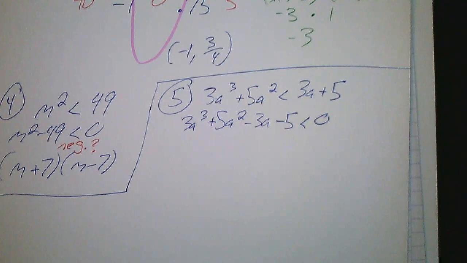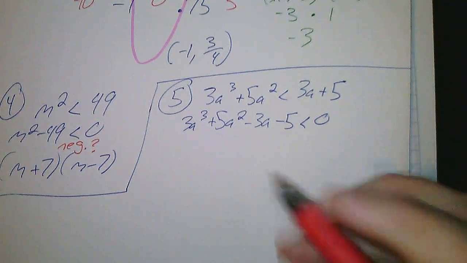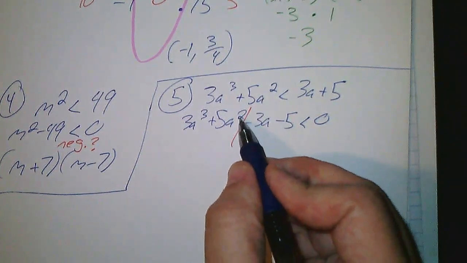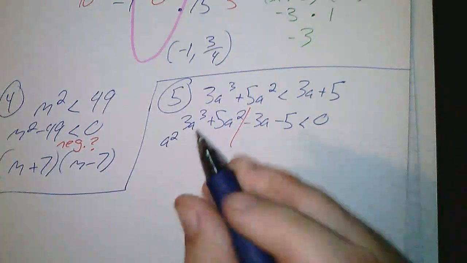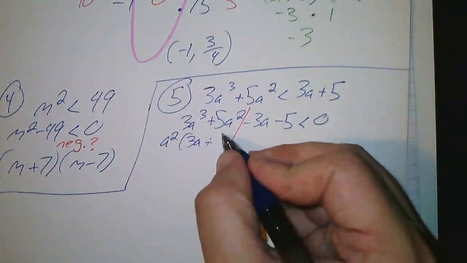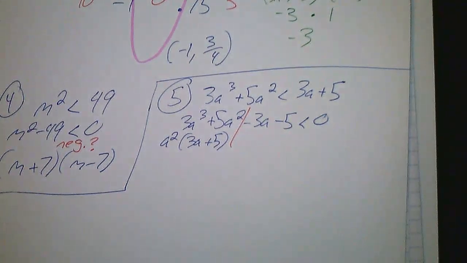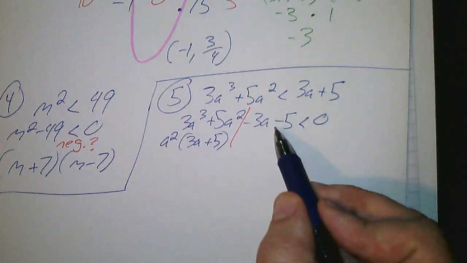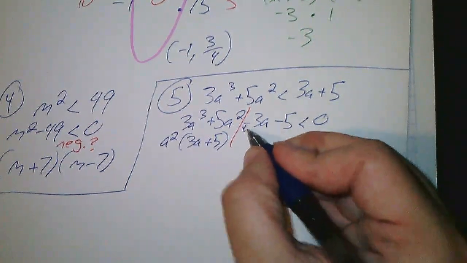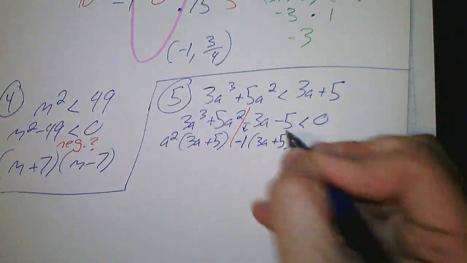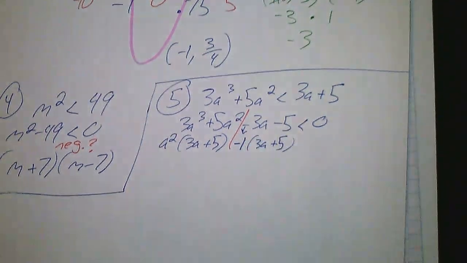And you can see that this will factor nicely by grouping. Don't miss that it's an a squared that we're factoring out, leaving us with 3a plus 5. Here, if there's no factor, we can only factor out a 1. In this case, bring the sign down, a -1. So we're dividing both of these by -1.